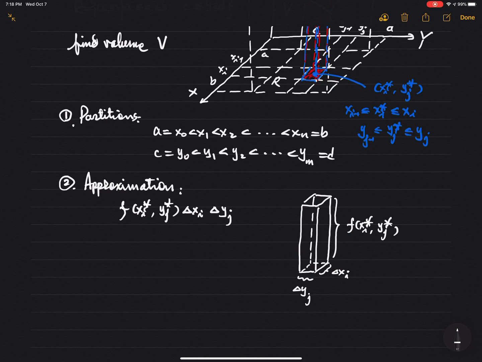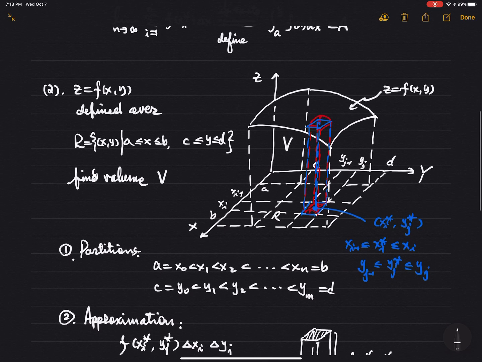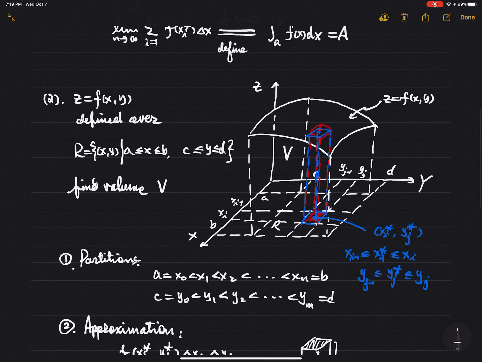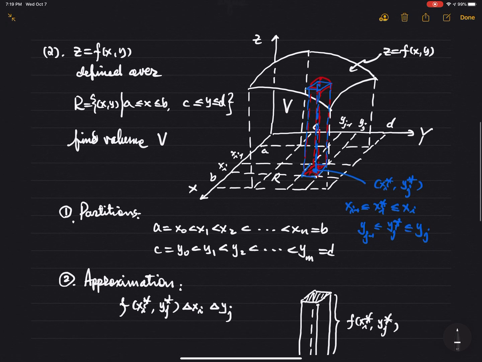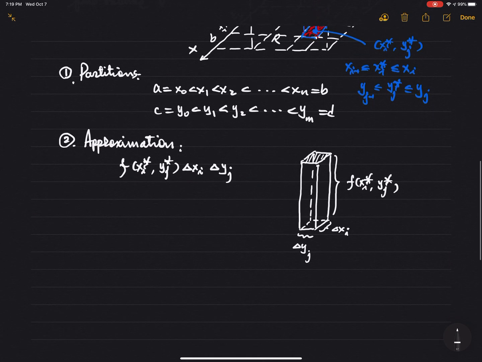So width times length times height, that's the volume for this rectangle. You see the top is flat, right? Because at every point we have the same height. So that's the approximation, because the real case is that on the top is the surface. At different points you have a different height. So this is the approximation.